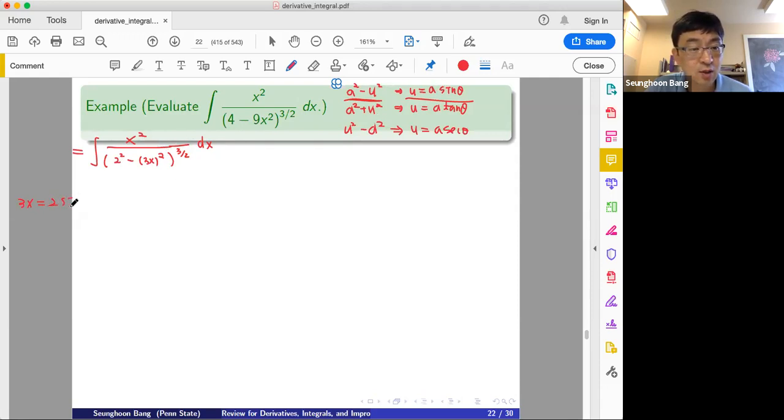You can divide by 3: x is 2 over 3 sine theta. Find dx. dx is, keep 2/3, the derivative of sine is cosine. So like this. So what's that? In the integral, you can plug 2 over 3 sine theta into this x. We have 2 over 3 sine theta.